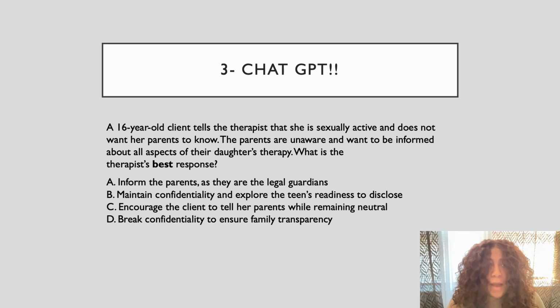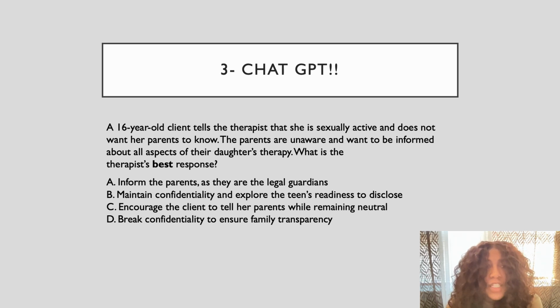A says, inform the parents as they are legal guardians. That's not me responding to the girl saying she's sexually active and she doesn't want her parents to know. That's what I mean when I say responding to what's going on in the vignette for these best response questions.